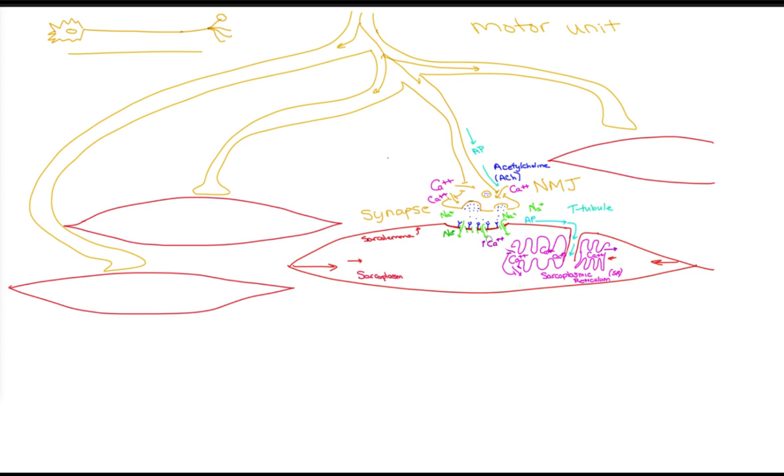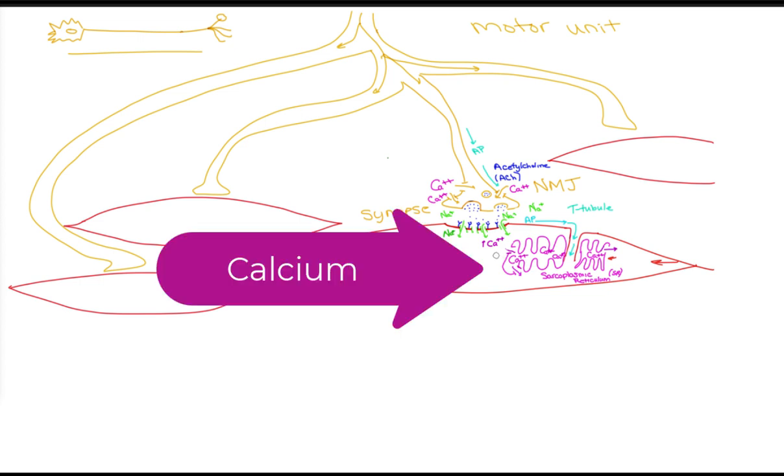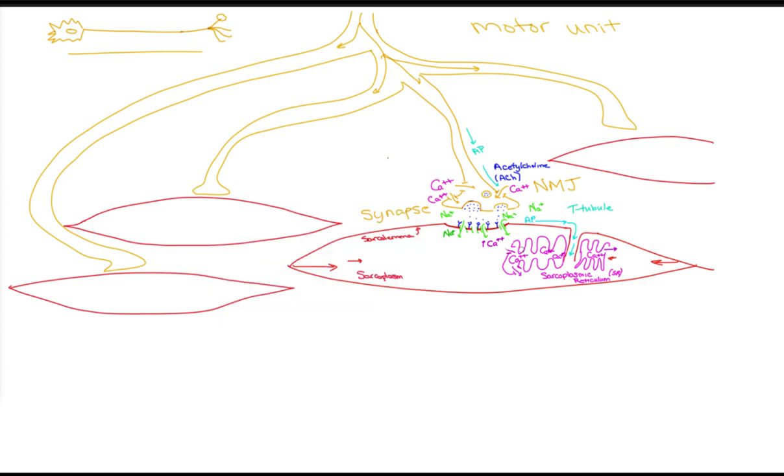And all of the things that we talked about resulted in the release of calcium. So that increase in what we call intracellular calcium, the calcium that's inside the sarcoplasm, is going to do something to allow muscle contraction. And in this video, we're going to look more closely at exactly how that happens.